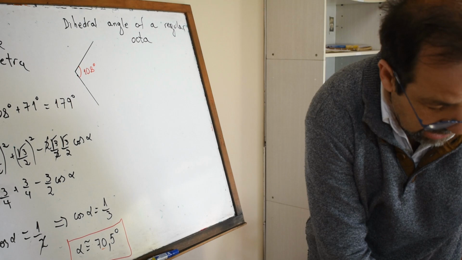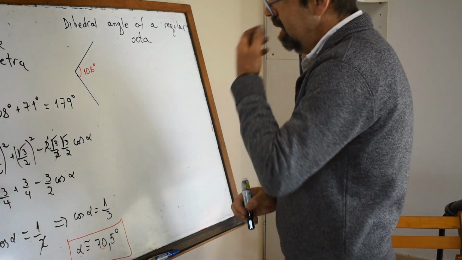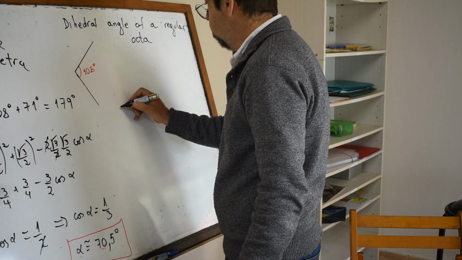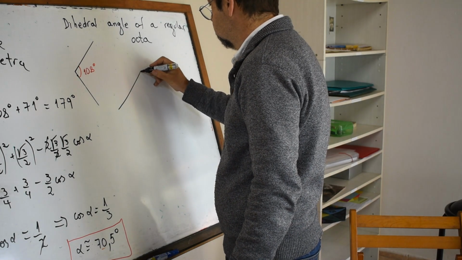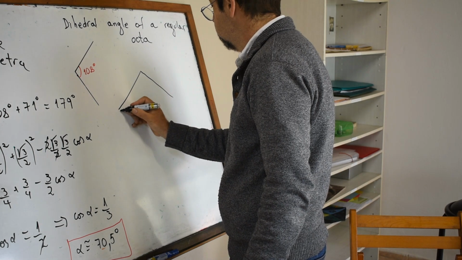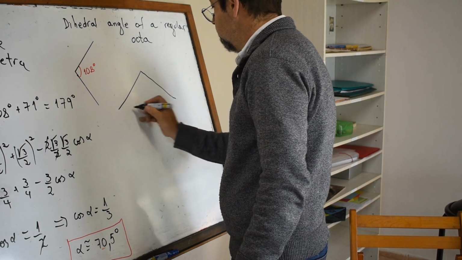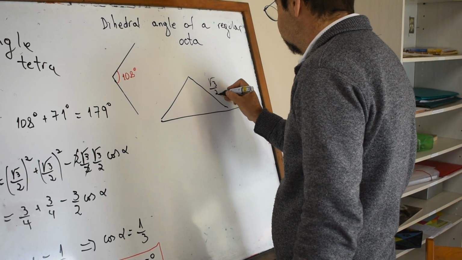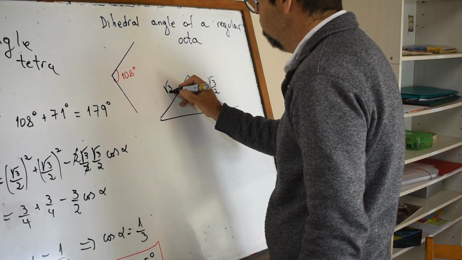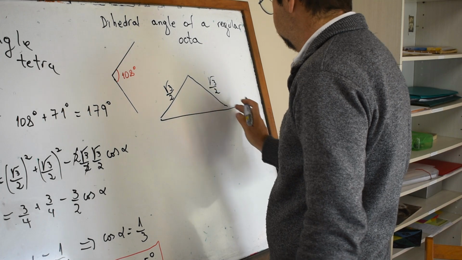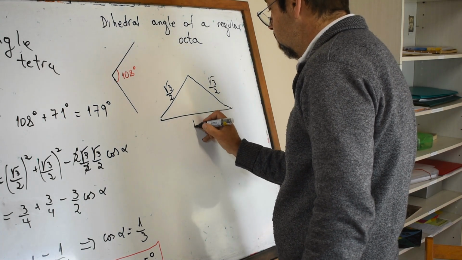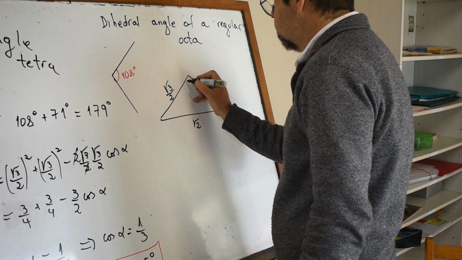So the triangle where we should calculate the angle is going to be an obtuse triangle, where this is square root of 3 divided by 2, the height. This is square root of 3 divided by 2, and the diagonal of a square of side 1 is square root of 2. And let's call this beta.